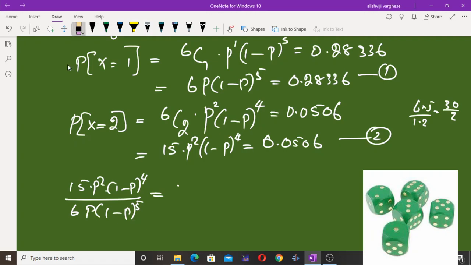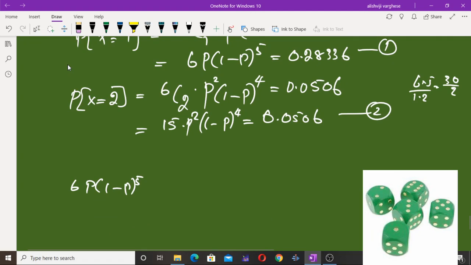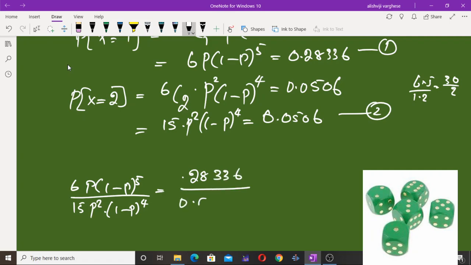So 6p into 1 minus p raised to 5 divided by 15p square into 1 minus p raised to 4 is equal to 0.28336 divided by 0.0506. Now this ratio is equal to 28 by 5.